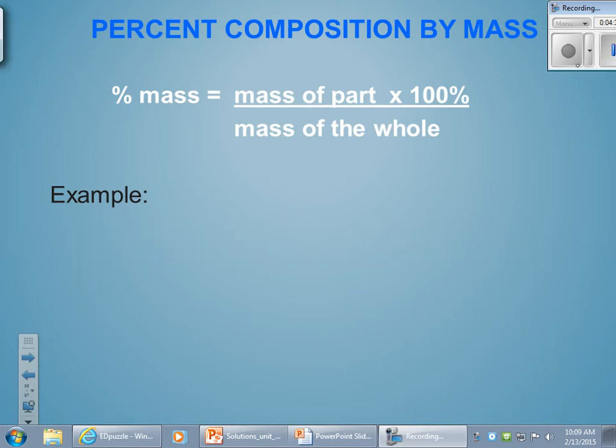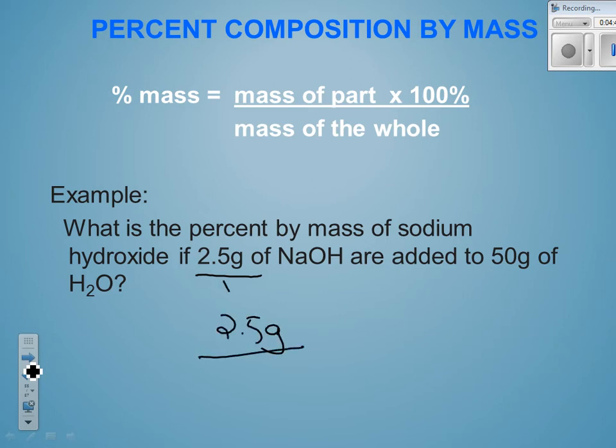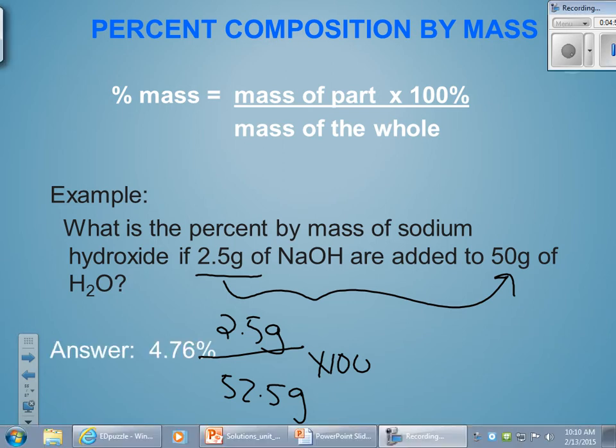So here your setup would be the mass of the part, the smaller amount, the 2.5 grams, divided by the whole thing, which would be the 2.5 grams plus the 50 grams. So we have 52.5 grams, and then you multiply by 100, and you get 4.76%.